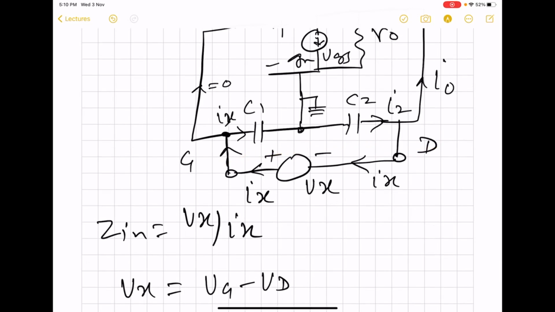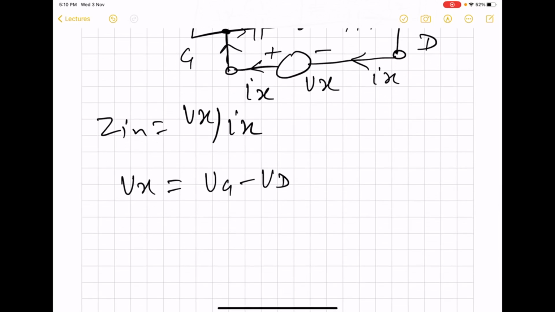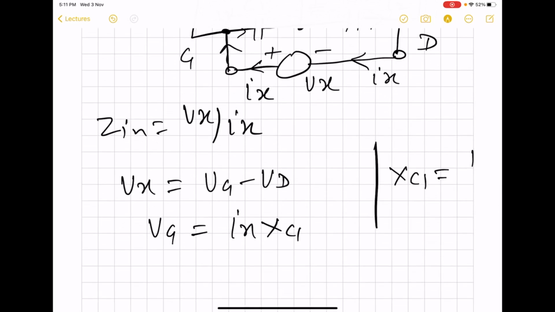So Vg is the voltage developed by C1 because of Ix flowing through it. So Vg is equal to Ix into XC1. And again, we are going to include the imaginary part into this X.